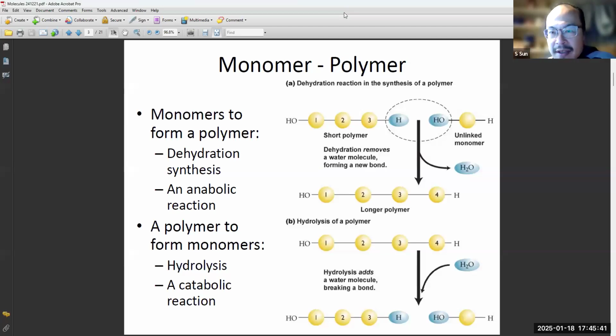Anabolism is to build a larger molecule. Catabolism is to break it apart. So metabolism is basically these two.